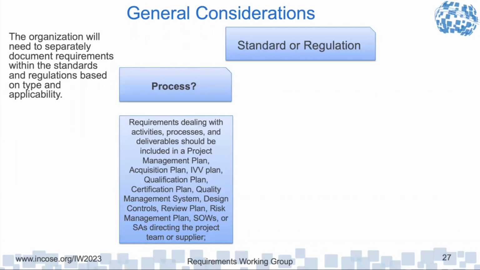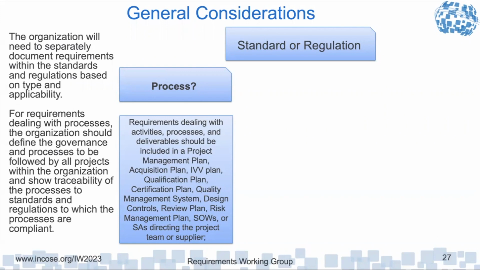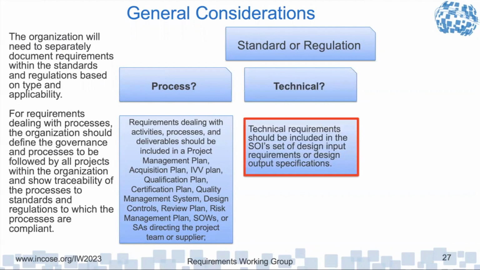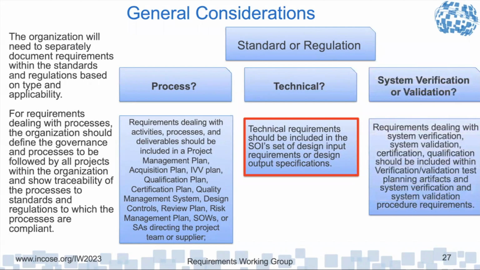If it has to do with the contractor, we're going to put it in a statement of work or supplier agreement, and so on. For requirements that deal with the processes, we have to make this decision up front as part of our lifecycle concept and analysis. For technical requirements, those definitely we want to include in our technical requirements. And requirements dealing with system verification, validation, and certification should be included in our verification, validation, and test plan and artifacts.